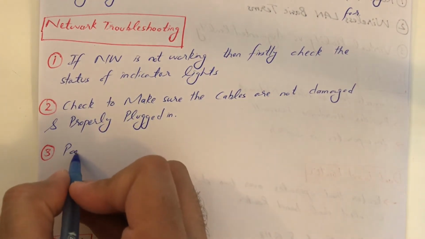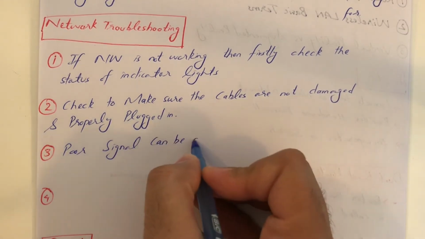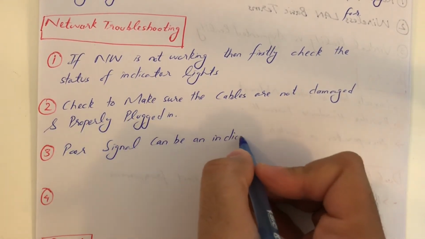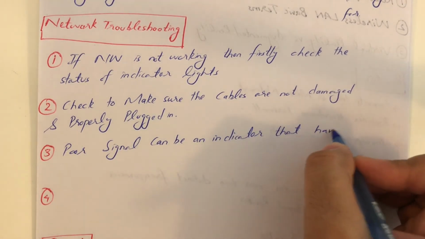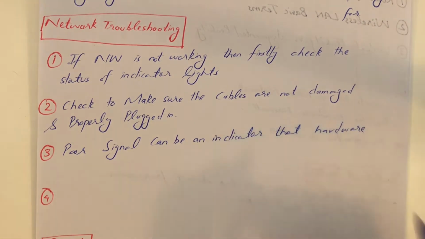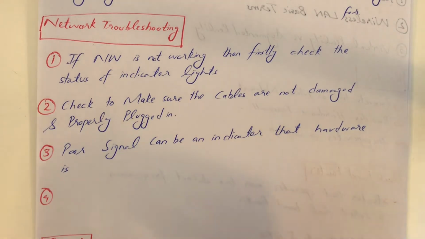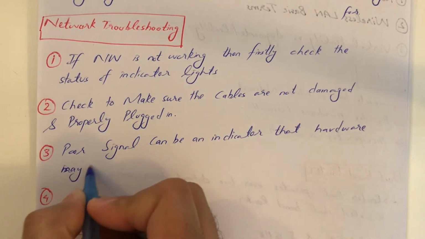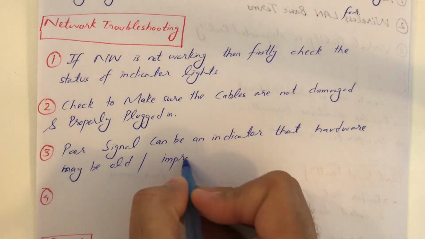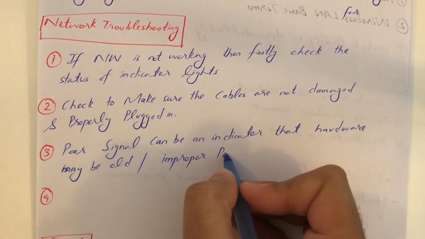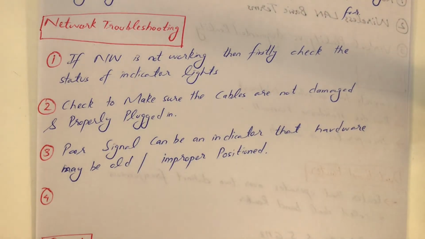Thirdly, poor signal can be an indicator that the hardware, or you can say your access point or router, is outdated, maybe old or improperly positioned. So you need to change the position as well if you want.